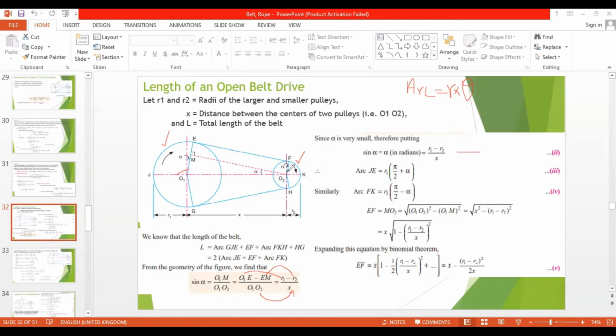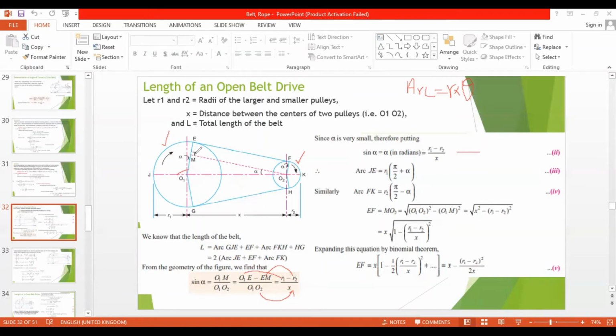Putting the Pythagorean relation for the triangle O1, O2, M, O1O2 whole squared minus O1M whole squared gives MO2 whole squared. So MO2 is the square root of O1O2 squared, that is X squared, minus O1M whole squared.